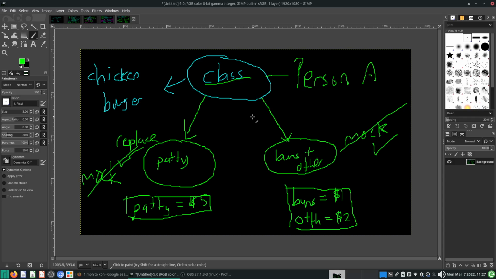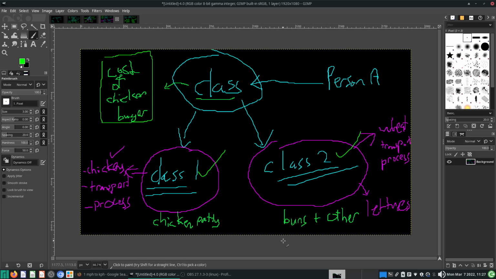Person A will make mock-up patty classes and mock-up other things classes, and then when the actual class comes, when it's time to assemble the program and put everything together, person A can just delete or stop using these mock classes, and replace them with the real class 1 and 2 with all the complicated things.